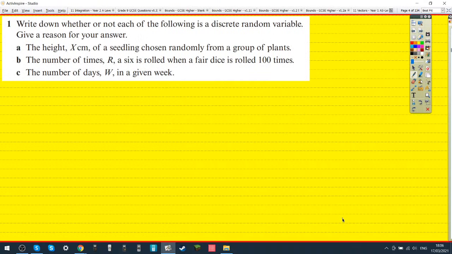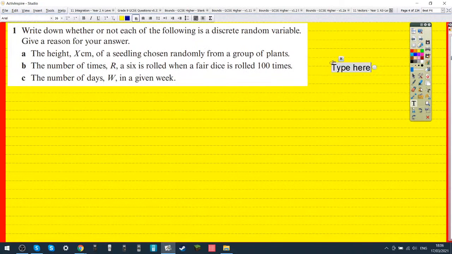Okay, so here you've got the height of a seedling randomly chosen. It's random, but it's continuous. The number of times a 6 is rolled when a fair dice is rolled 100 times. Random and discrete, so that's a discrete random variable.